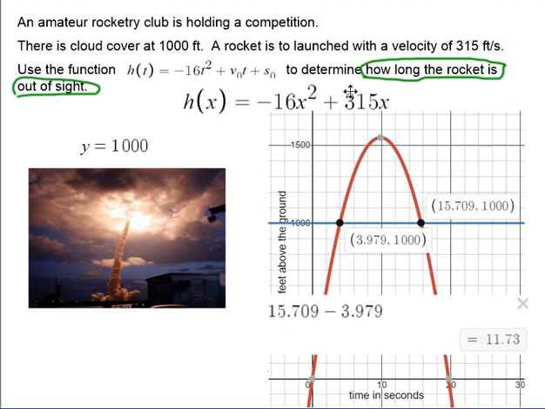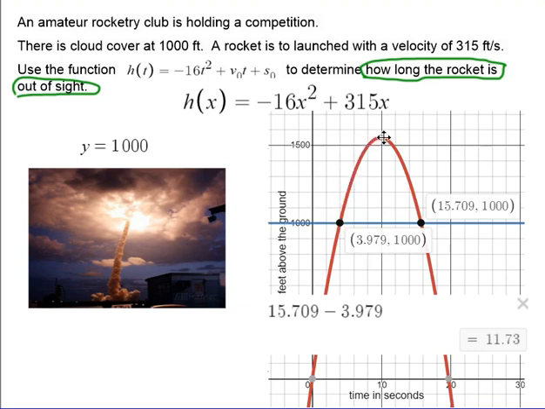So our real question is how long the rocket is out of sight. So to find out when the rocket is out of sight, what I really want to do is click here and click here so that I can see that the rocket enters the cloud cover at 3.979 seconds. And it keeps going.